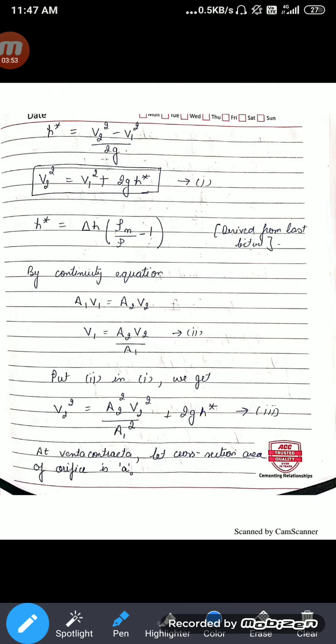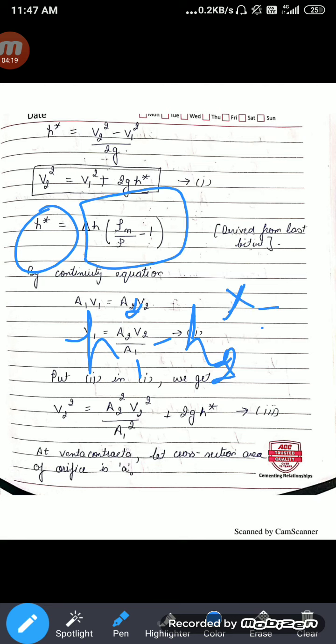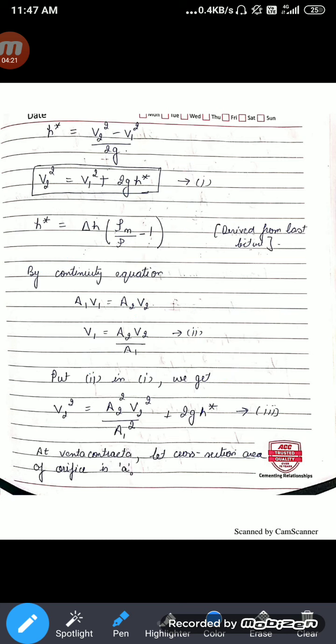Now after solving the equation, we can find the value of H star, and from here we can calculate the value of V2, the velocity at section 2. From here we obtain V2 square equal to V1 square plus 2g H star. As you saw in the last lecture, we determine this term H star, or H1 star minus H2 star, which is equal to delta H times (rho m upon rho minus 1).